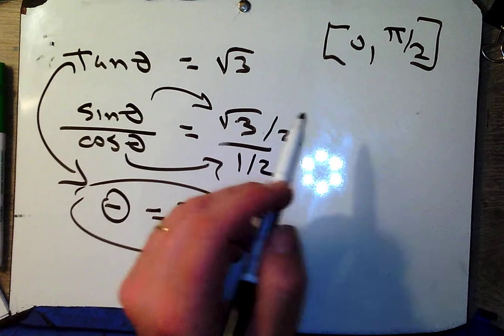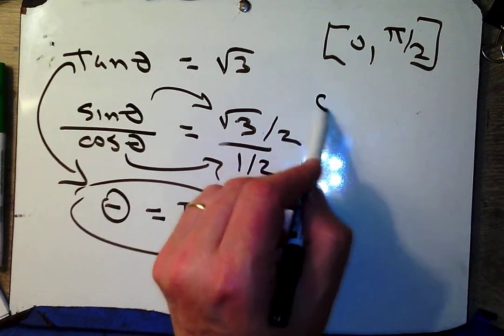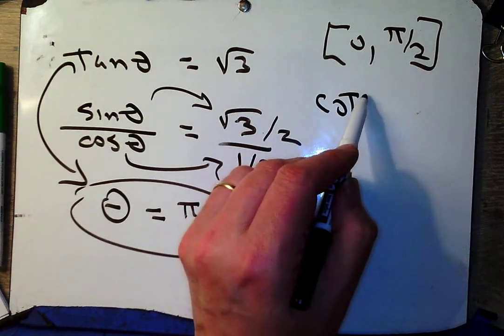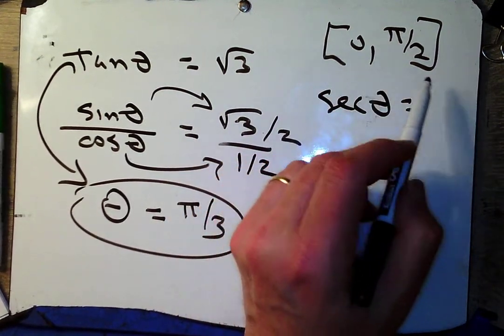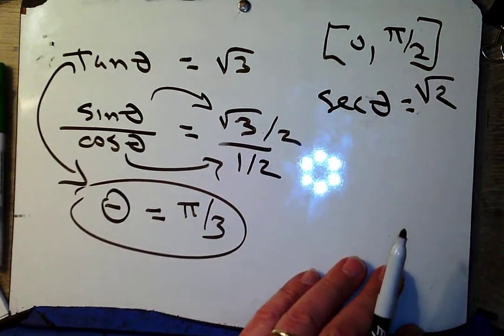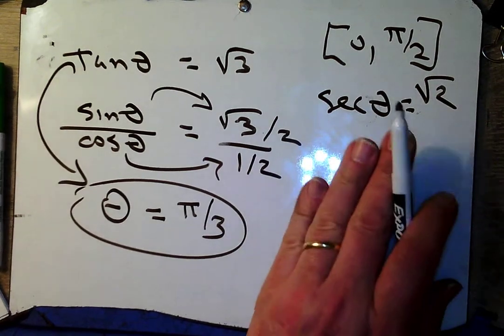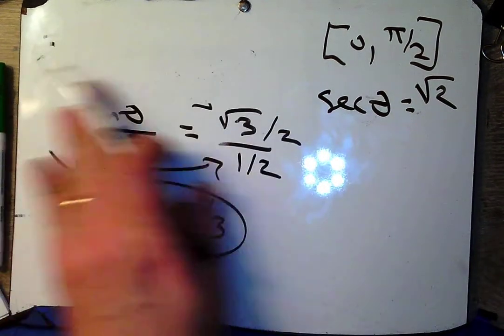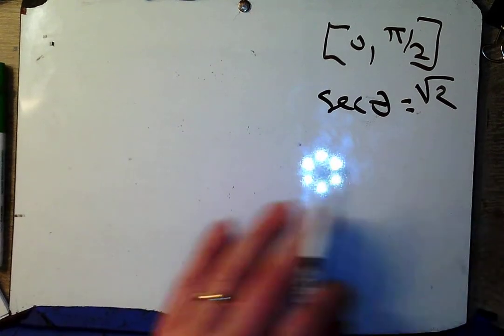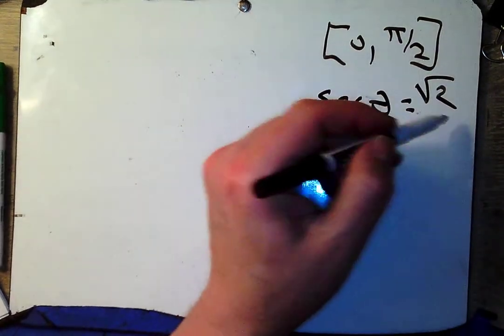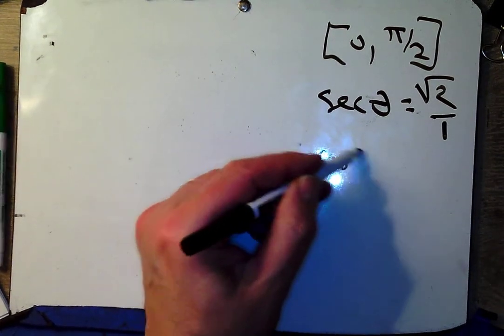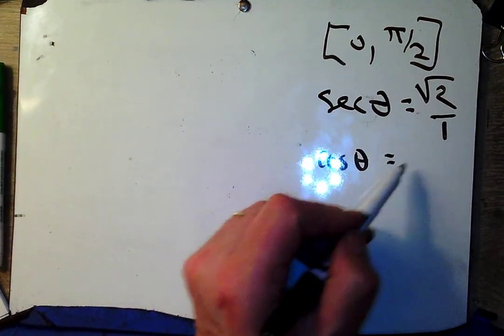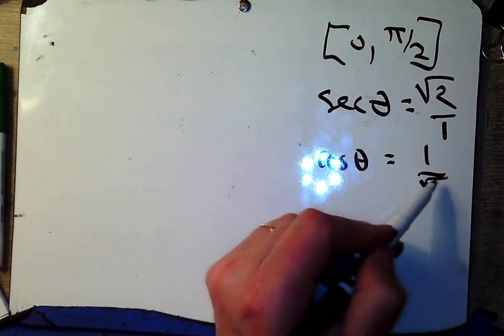What if we had cotangent? No, I want secant. What if we have secant of theta equals root 2? How do we solve this? What theta has a secant value of root 2? And it may help to write this like this, because I know that cosine is in fact the reciprocal.